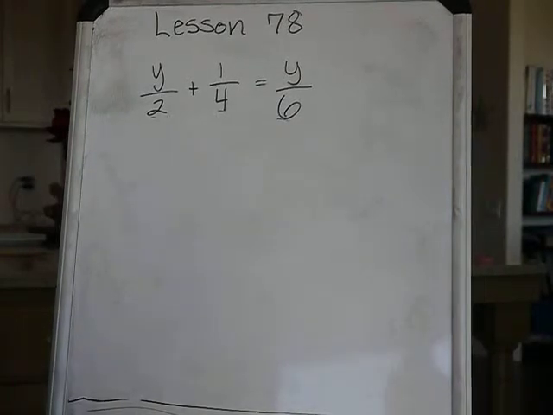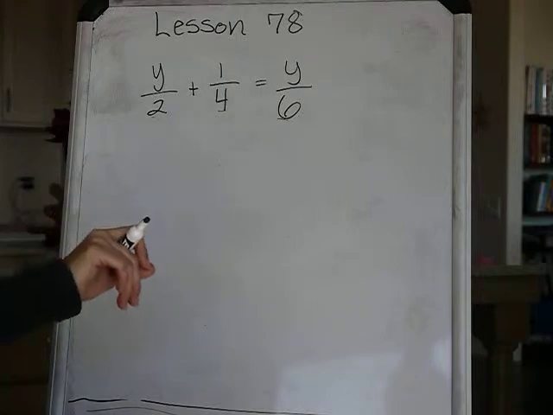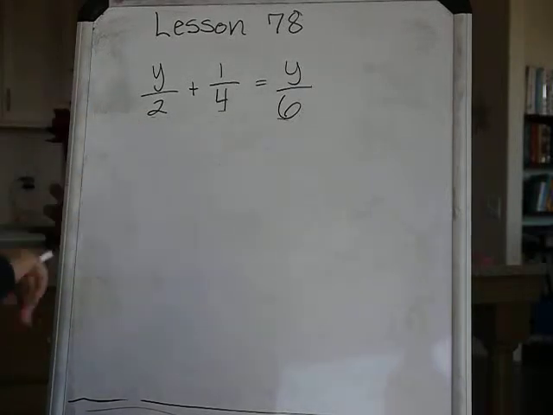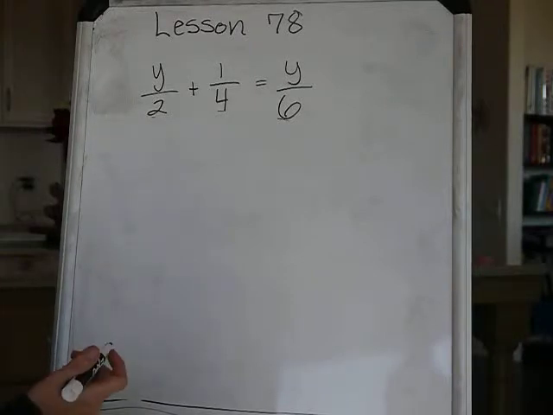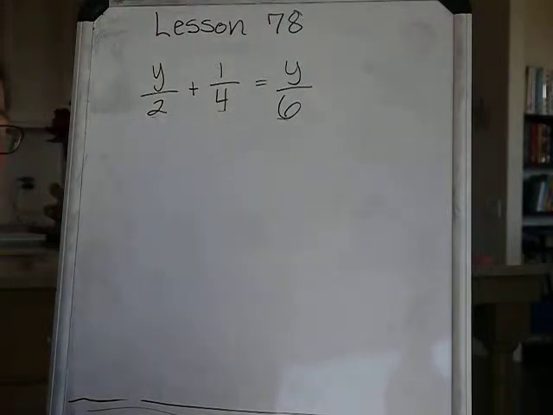The 2, 4, and 6. What's the smallest number they all can divide into? 12. Not the smallest factor, but their smallest multiple. So 12.